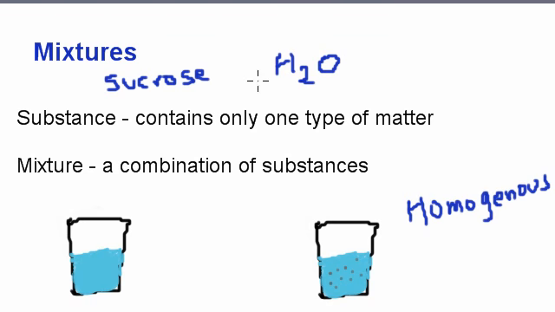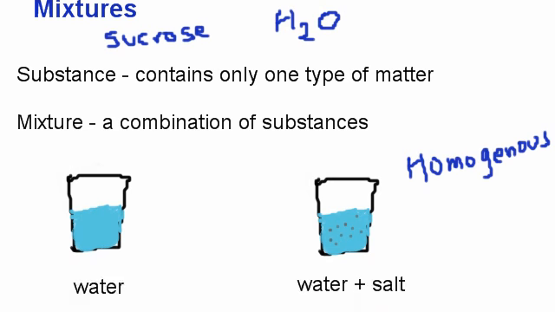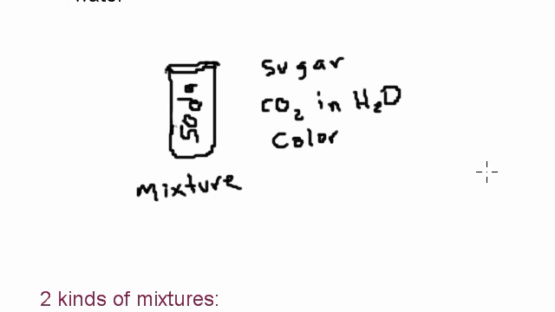Water with sugar is also an example of a homogeneous mixture. And soda is also a homogeneous mixture because the sugar that's going in the soda and the carbonated water and color, all of this that's going inside is going to combine to become one.